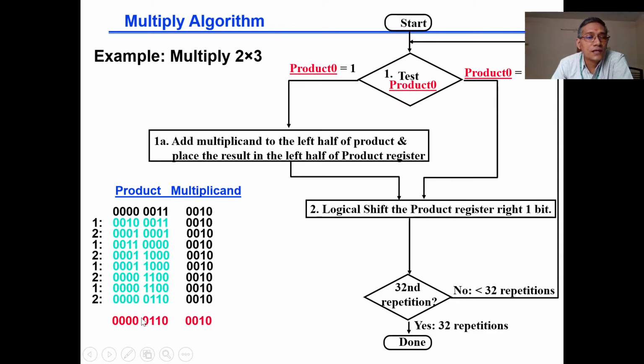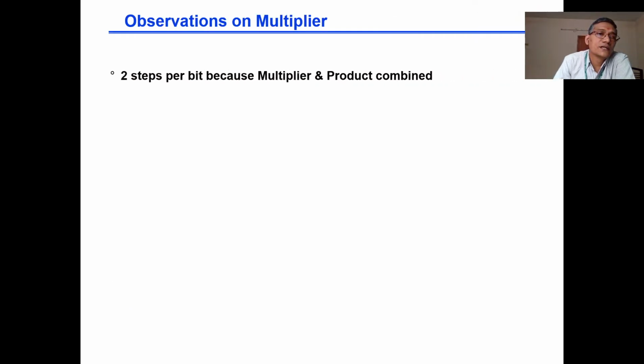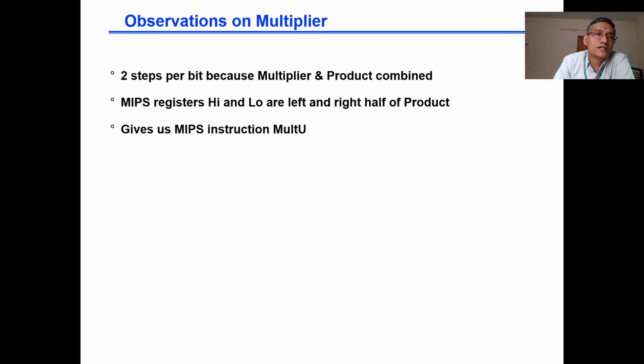The corresponding answer we need to get is 2 into 3 is 6, and that is available in the product register. This is how the multiplication of unsigned numbers, that is two positive numbers, is carried out with respect to this implementation. What is the observation on this multiplication process?